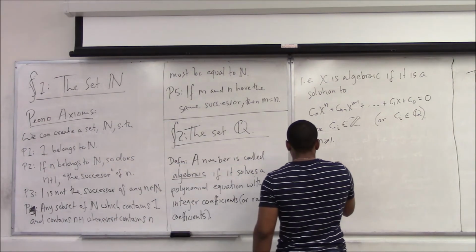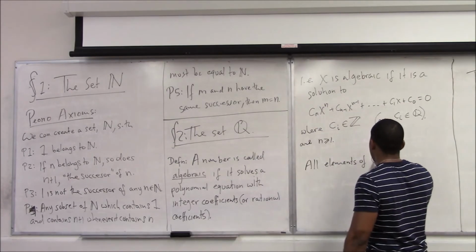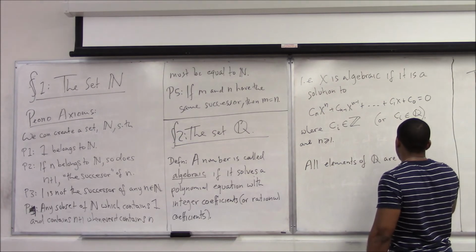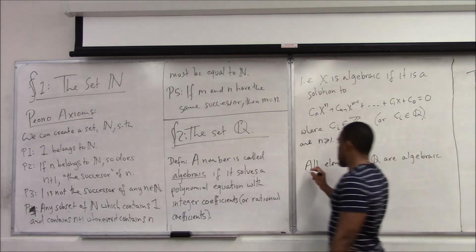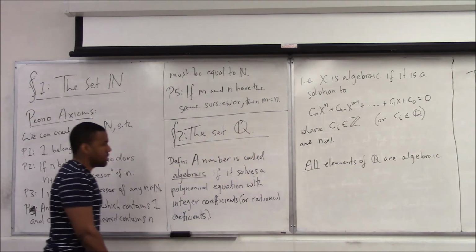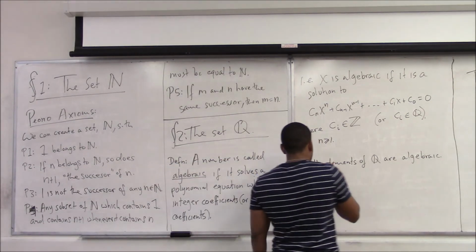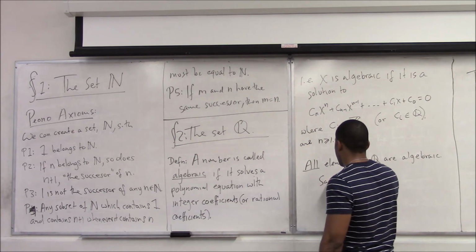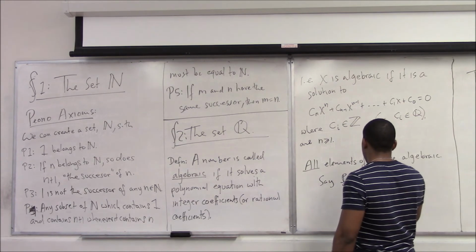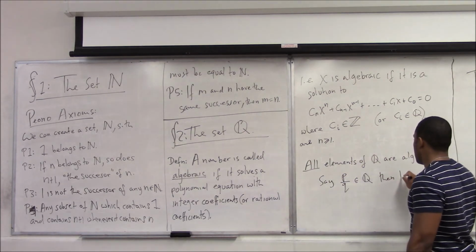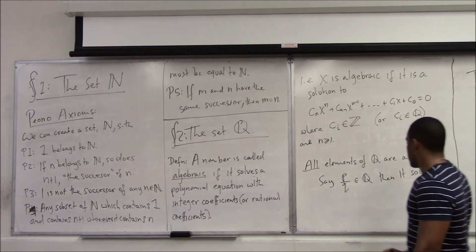Here are some facts. All elements of Q are algebraic. If you have a rational number, there is some polynomial out there that it will solve. I didn't write it, but say P over Q is in Q, then it solves a linear equation.